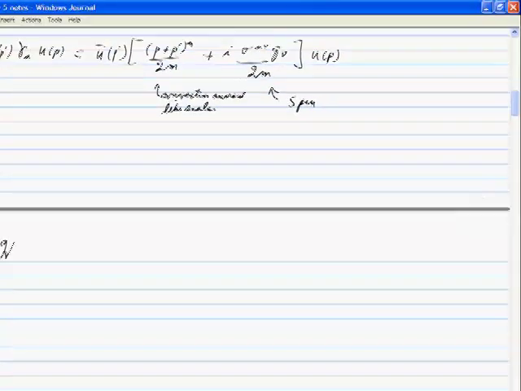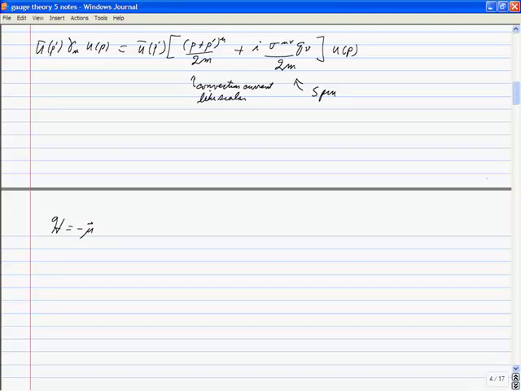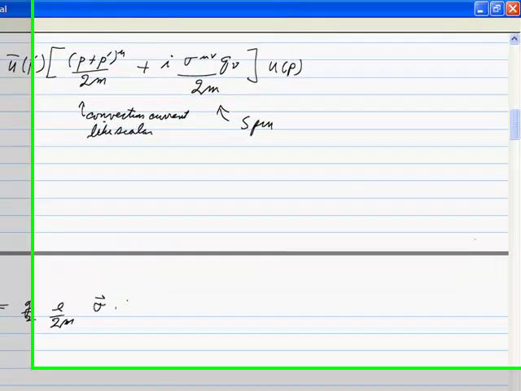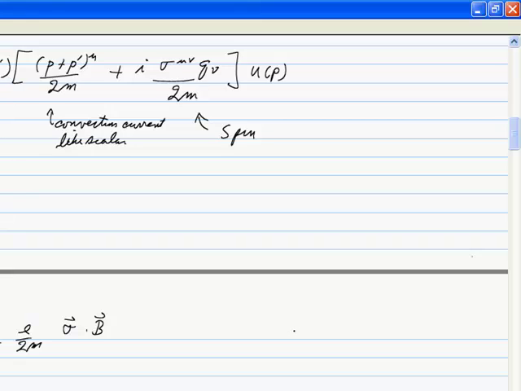If we have the Hamiltonian is minus mu dot B for a magnetic field, that's g over 2, e over 2m, sigma dot B, because S is sigma over 2. So I've used that. And the magnetic moment is g e over 2m S.